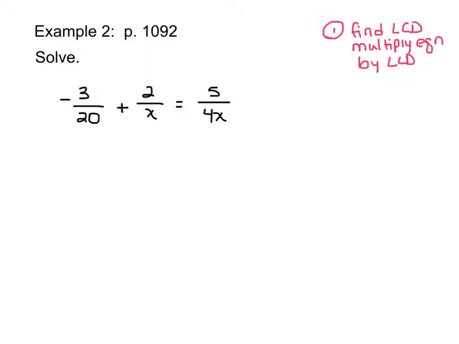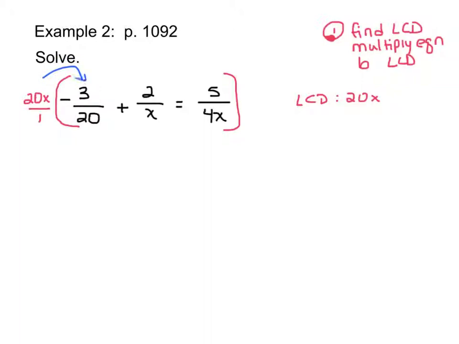So in example 2, my denominators are 20, x, and 4x. My LCD is going to be whatever all three of those can multiply to. In this case, they can all multiply to 20x. So that's what I'm going to multiply my whole equation by, 20x. And since I'm dealing with fractions, I'm going to write it as 20x over 1.